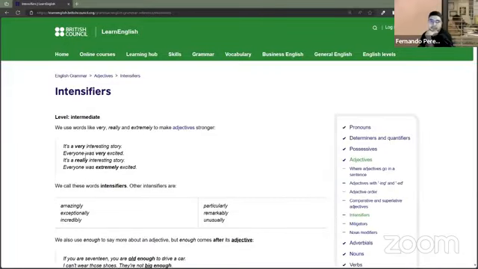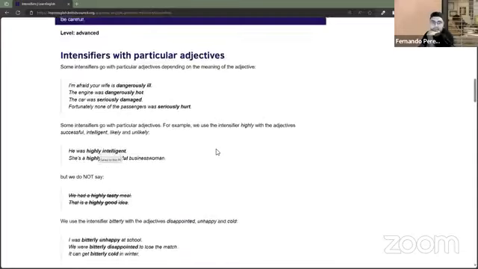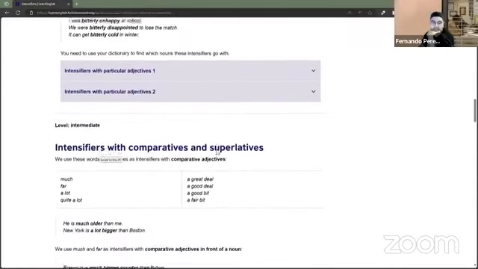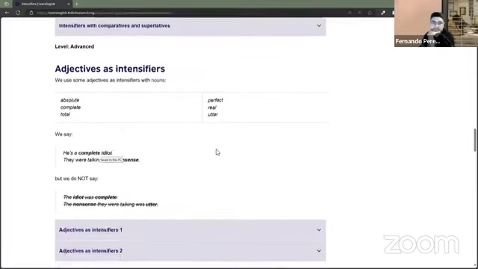It's a very interesting story. Everyone was very excited. It's a really interesting story. Everyone was extremely excited. So these sentences, right? They are used to make adjectives stronger. Yes, of course. But then they change, particularly with comparison superlatives.